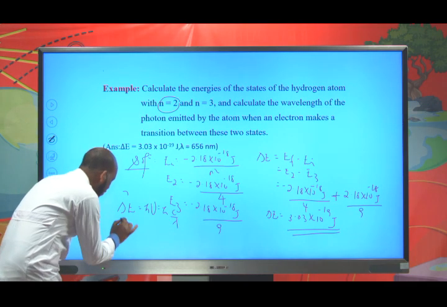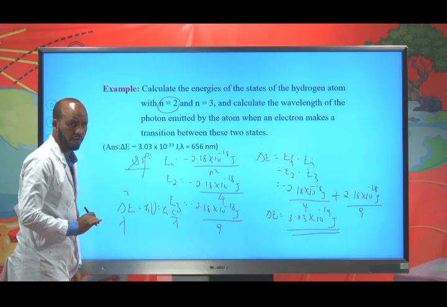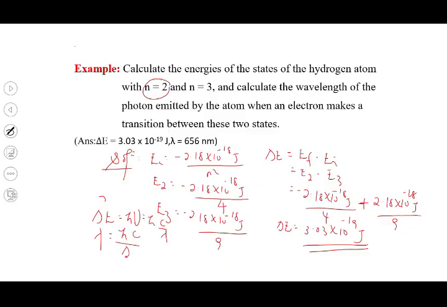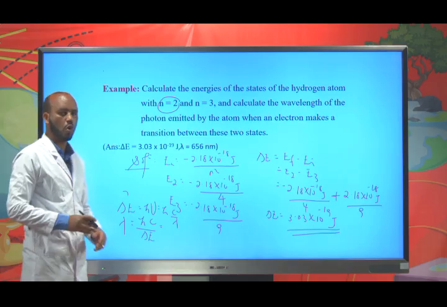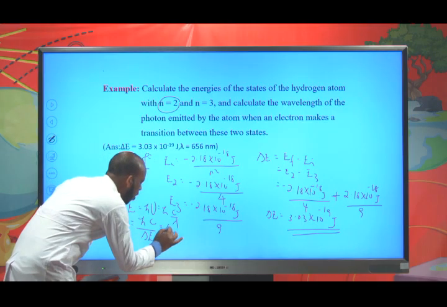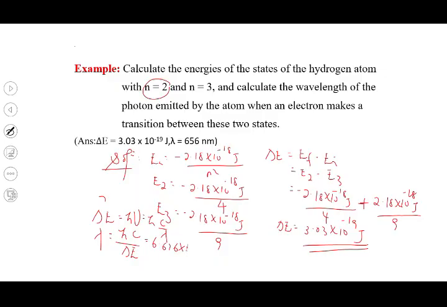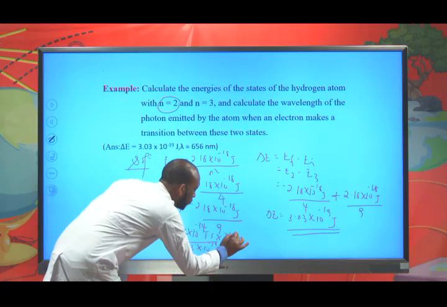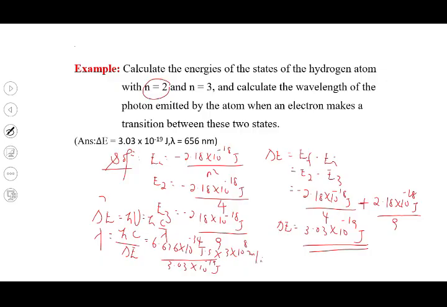From this, the wavelength of a photon equals h times c divided by the change in energy. h is Planck's constant, having a value 6.626 times 10 to the power of minus 34 joule second, divided by the change in energy, which is 3.03 times 10 to the power of minus 19 joule, times the speed of light, which is 3 times 10 to the power of 8 meter per second.